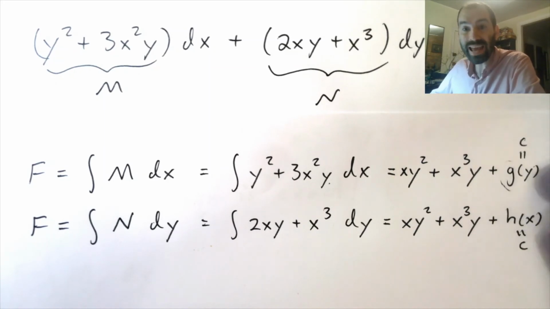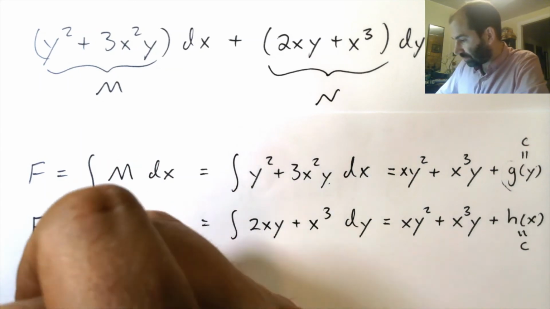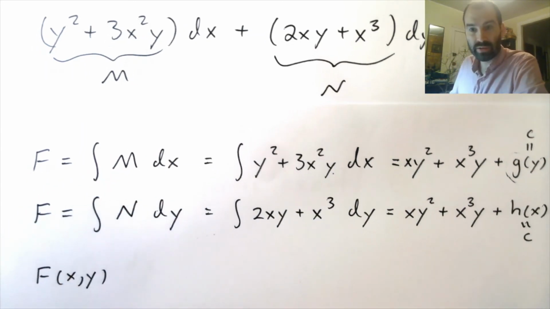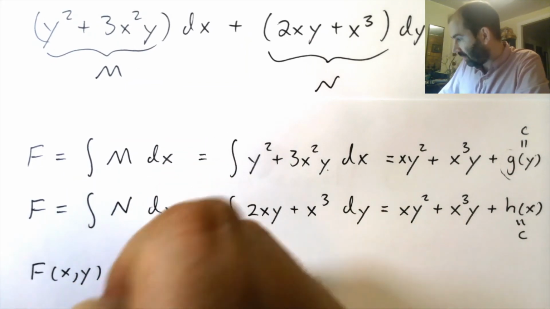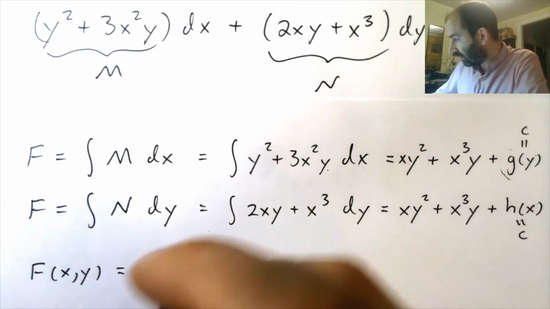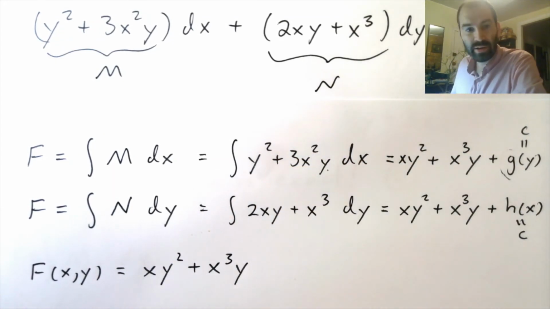So these can be equal. And so we see that that's what our function has to be. Our function, f of x, y, has to be xy squared plus x cubed y.